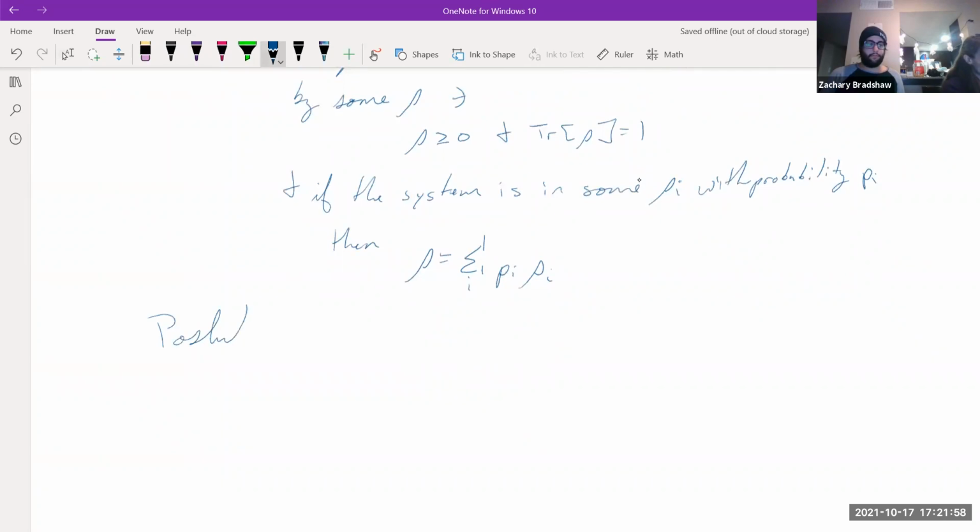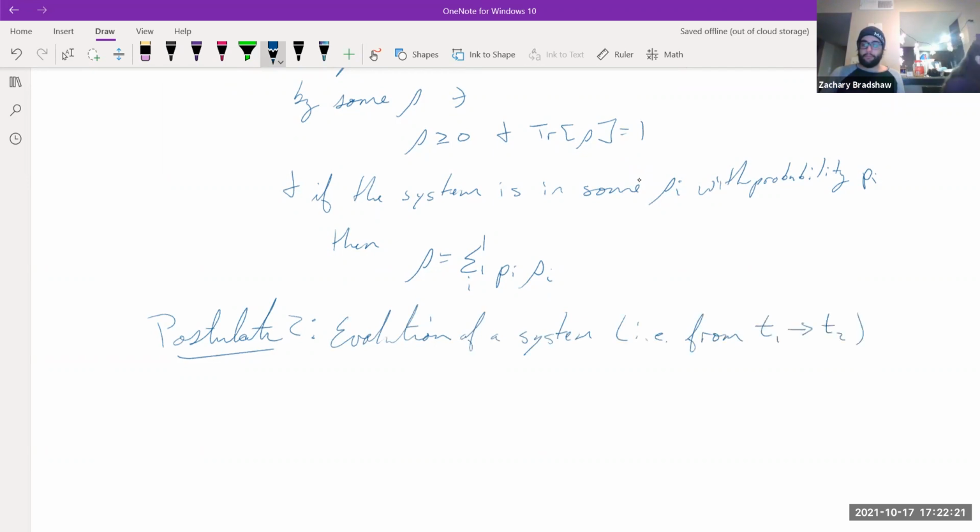Okay, so postulate 2, electric boogaloo. So evolution of a system, say from some T1 to T2, is described by a unitary transform. And technically speaking, this is only for closed systems.